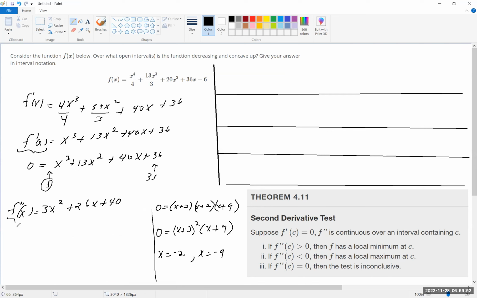And set this function equal to 0. And once we have some intervals, we'll be able to draw some conclusions. That's a 3 there. And I just need to figure out what the factors are.